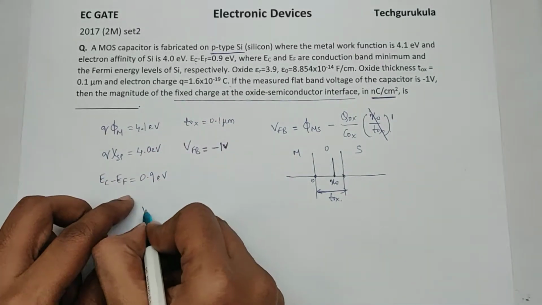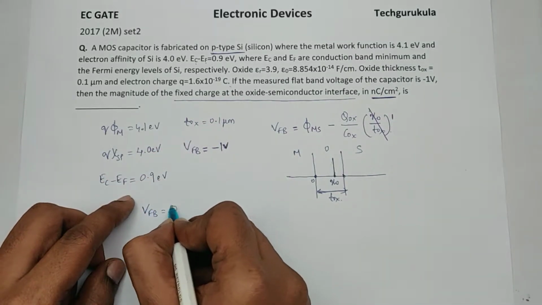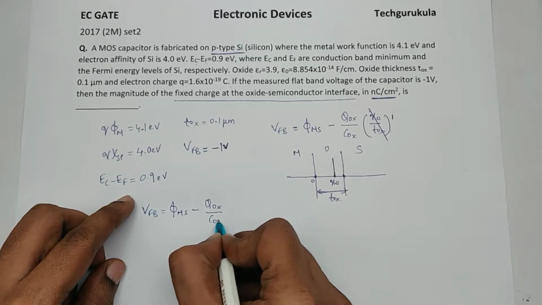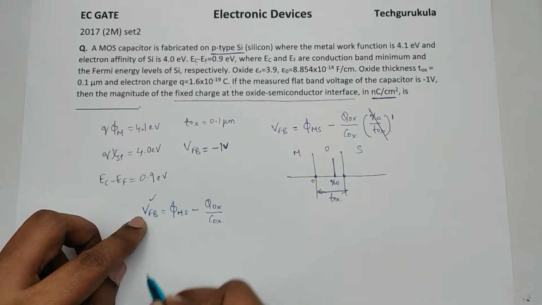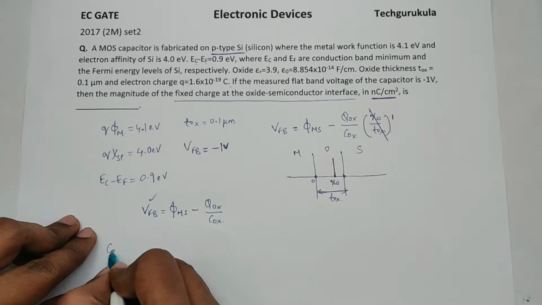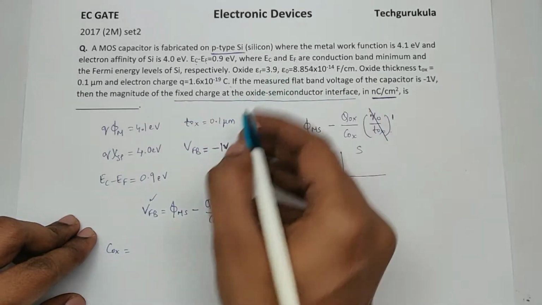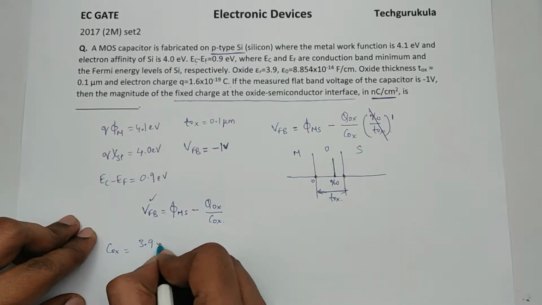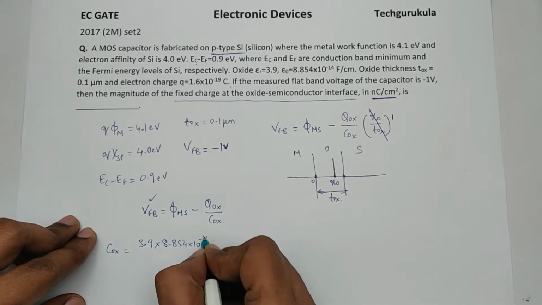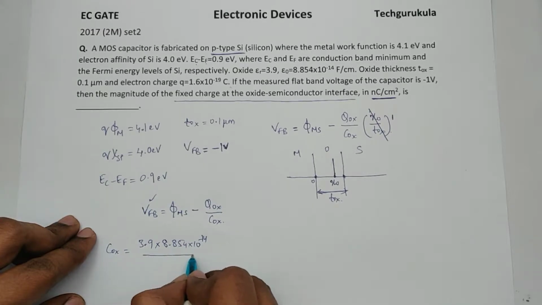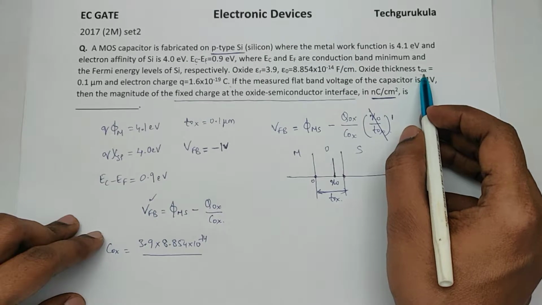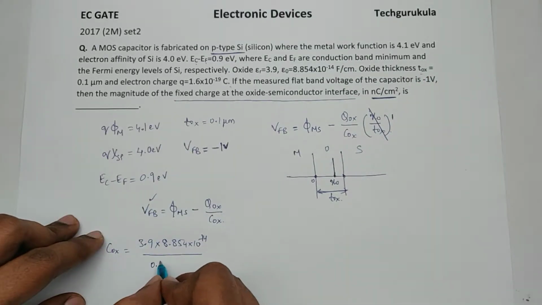So our flat band voltage is phi ms minus Qox over Cox. The flat band voltage is given, and Cox can be calculated. Cox is epsilon ox, 3.9 times 8.854 times 10 power minus 14, divided by Tox, which is 0.1 micrometers.